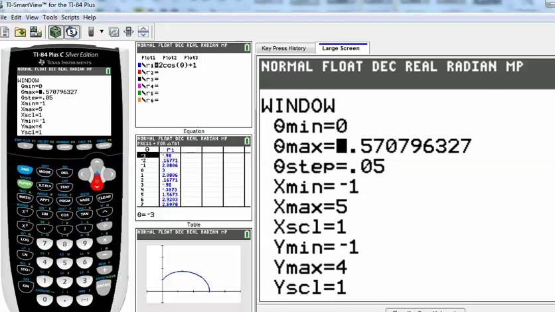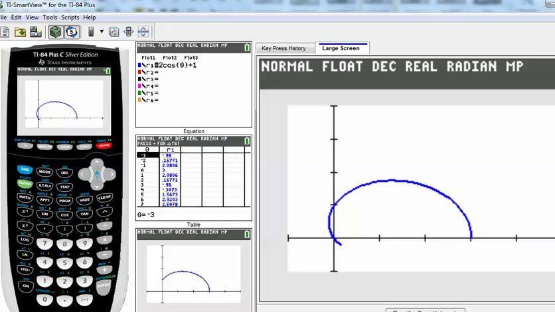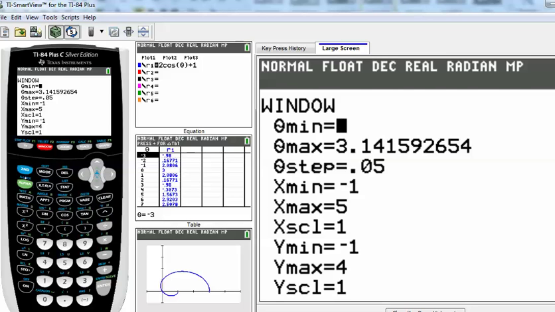Well, let's just go 0 to pi, see what happens. Find out where that is. Good. So, starting at pi and going to where? And I know this is tedious, but this is kind of the thing you're going to have to play with.